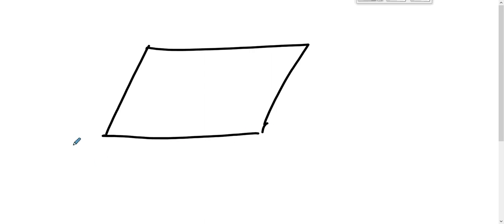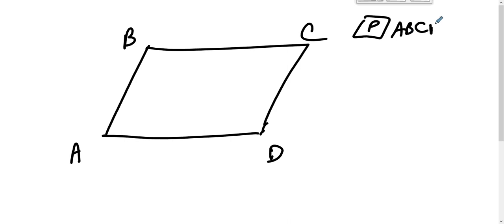It is also true that if ABCD is a parallelogram, then there are some things that are true. It is true that triangle ABC is congruent to triangle CDA.